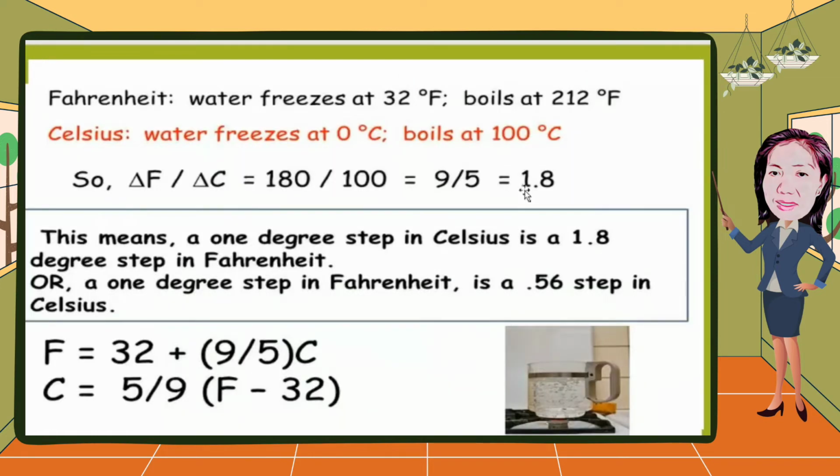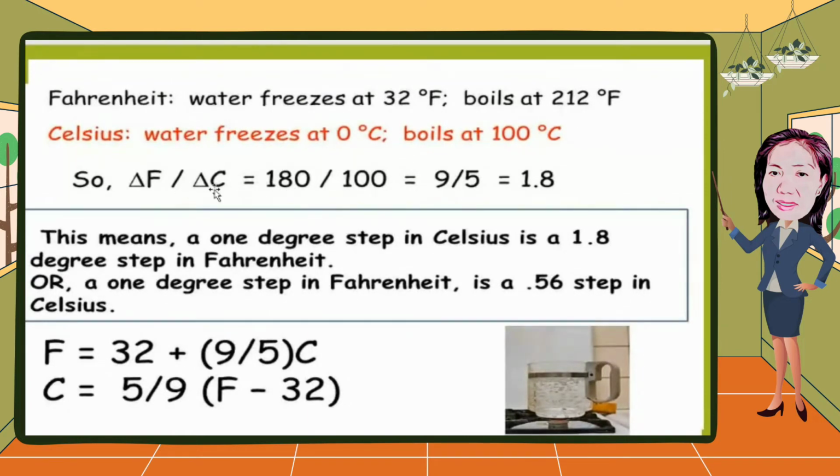None? Okay. So, in Fahrenheit, water freezes at 32 degrees Fahrenheit and boils at 212 degrees Fahrenheit. In Celsius naman, water freezes at 0 degrees Celsius but boils at 100 degrees Celsius. So the change in temperature in Fahrenheit divided by the change in temperature in Celsius is equal to, if we subtract 212 minus 32, the answer is 180.